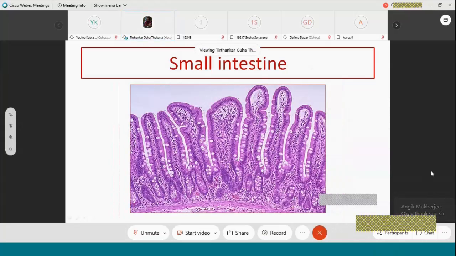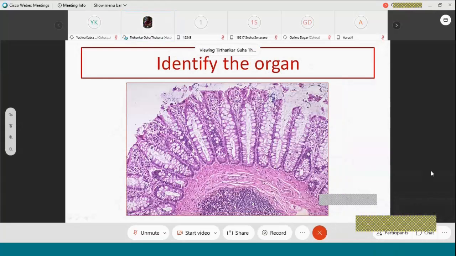Identify this organ. Look at how things are arranged here. Wonderful.